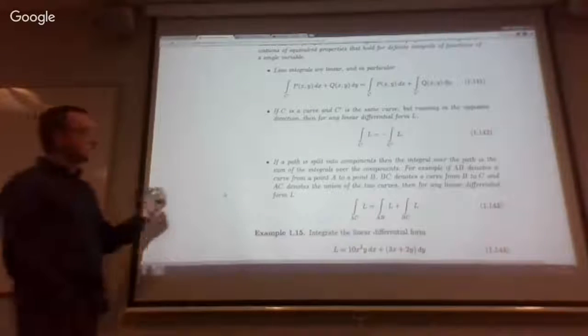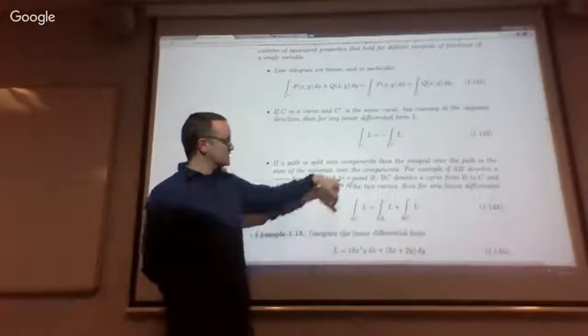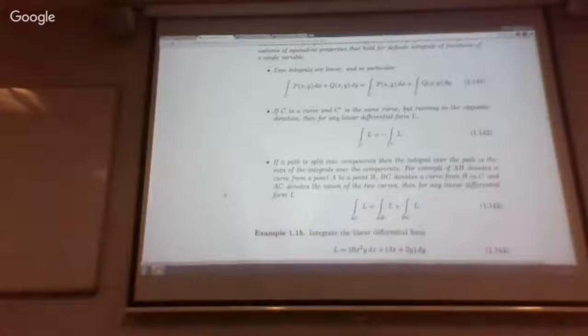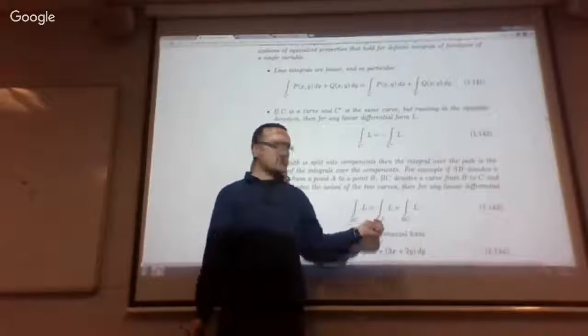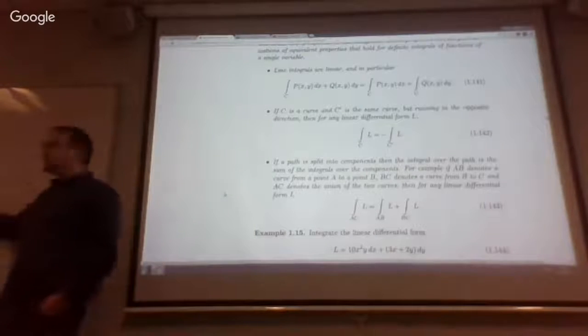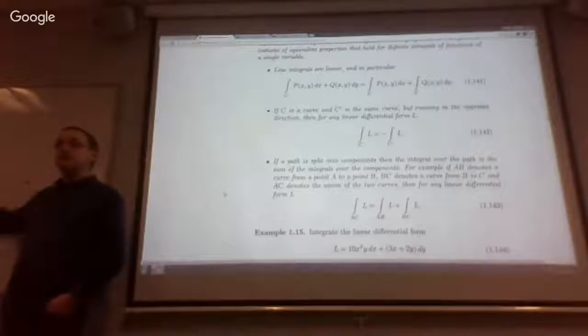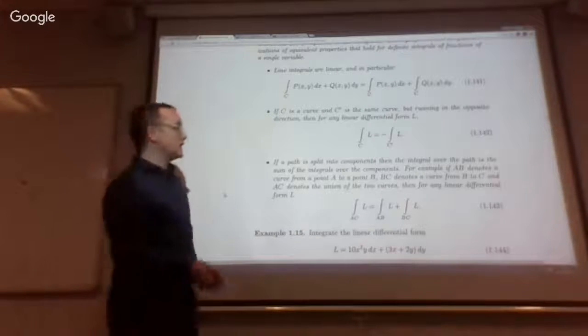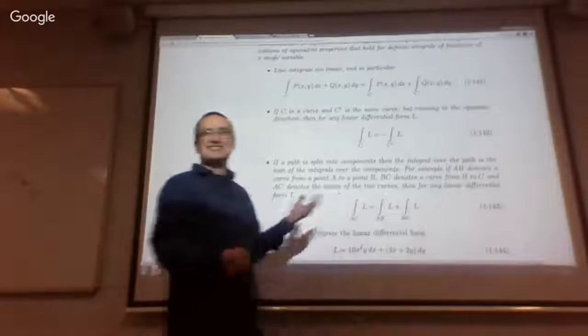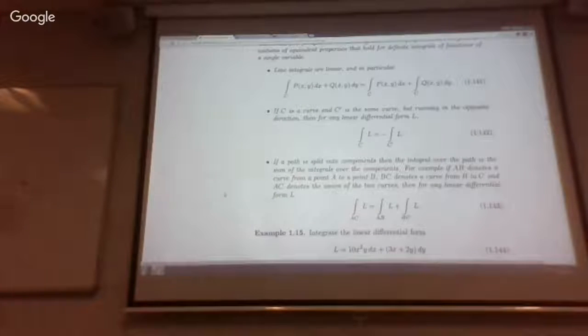And say that the integration along the whole curve, so when we explain this here, you've got some curve A to C, and there's some intermediate point B. And this is saying that the integral from A to C along that curve, we can first integrate from A to B as a separate integral, evaluate that, separately integrate from B onto C, evaluate that, and when you add the two together, that's the same as just integrating in one go along the curve.